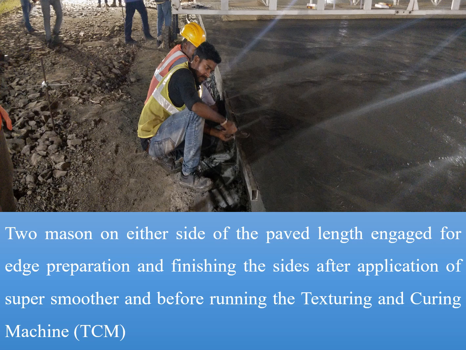These masons also help to fix any collapses on the sides, if at all, due to the variation in the workability of the concrete mixes being used for paving of PQC. So the 2 masons on either side of the paved lanes are mandatory, and should be kept all the time to make the edges clear and mark the position of the dowel bar insertions at the same time.